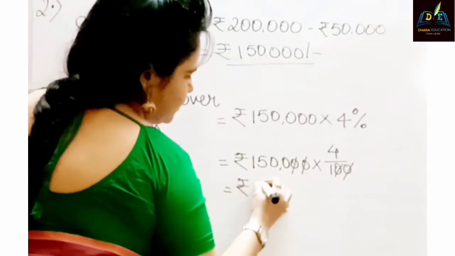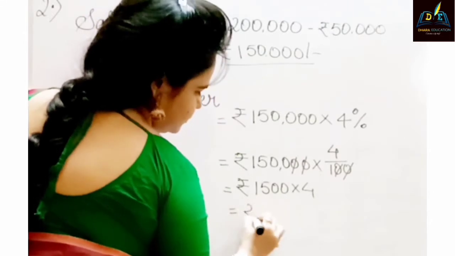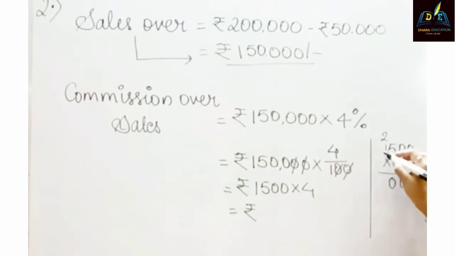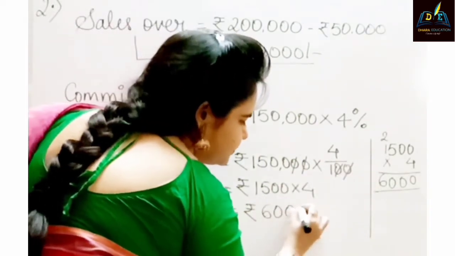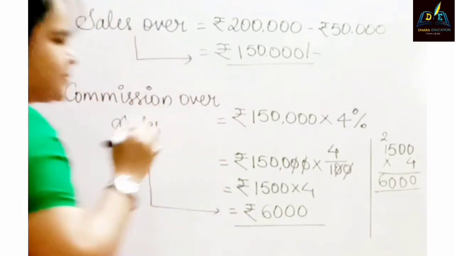So what are we getting? 4 zeros are 0, 4 zeros are 0, 4 fives are 20, 4 ones are 4 plus 2 gives you 6. So total 6,000. Now students, this 6,000 we will write here. So in part 2, that is commission over sales, we are getting exactly 6,000.